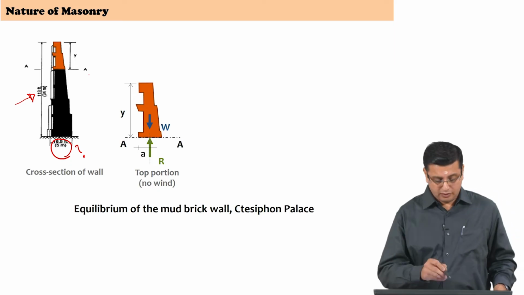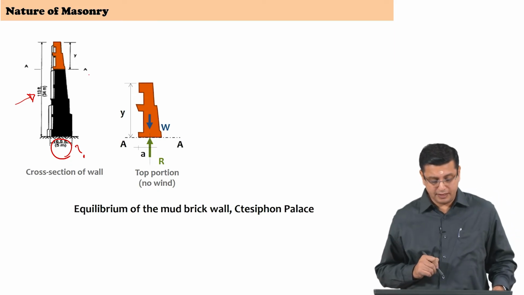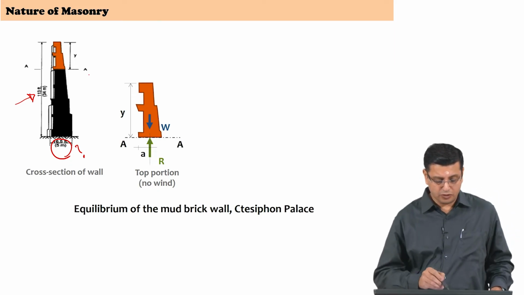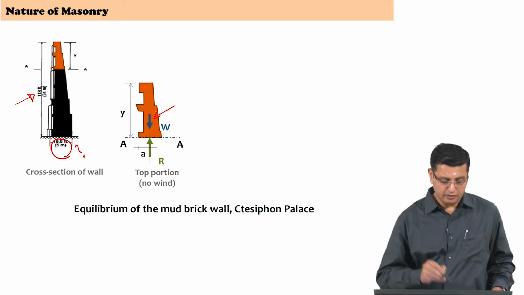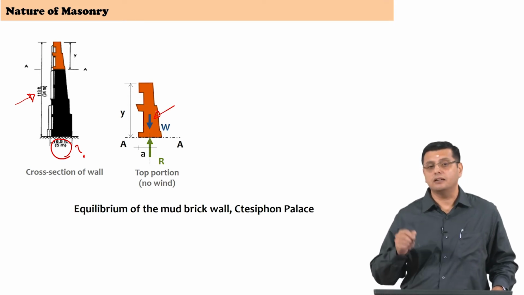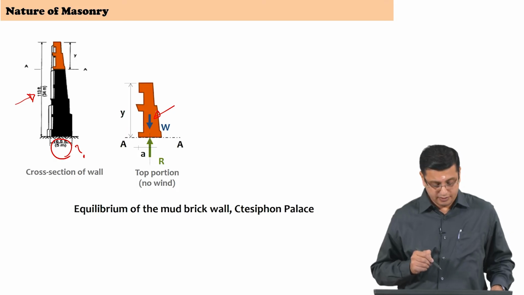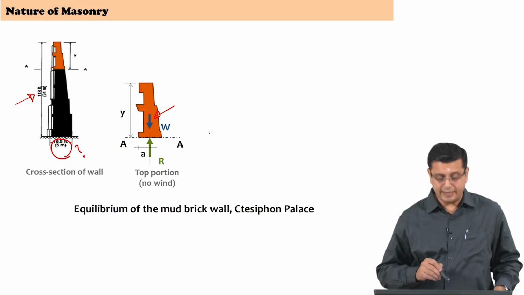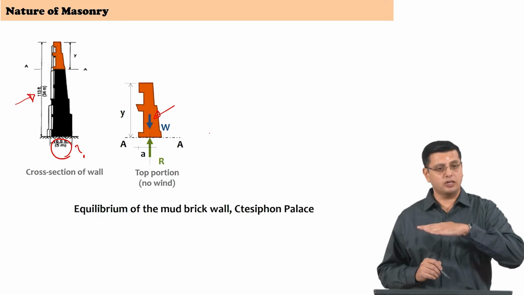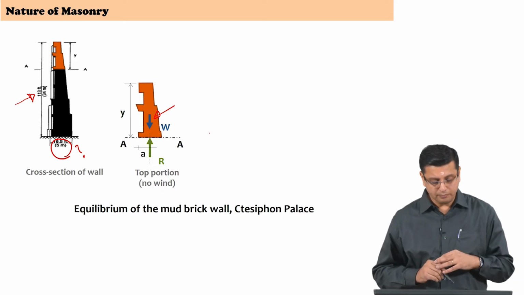Now, for that section that is being considered, the gravity force W acts about its center of gravity. At section AA, we have the cross section of the masonry wall.